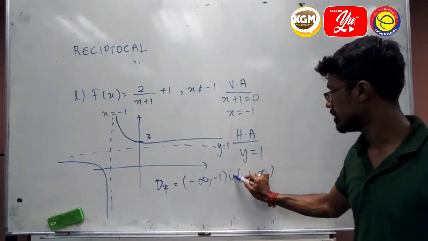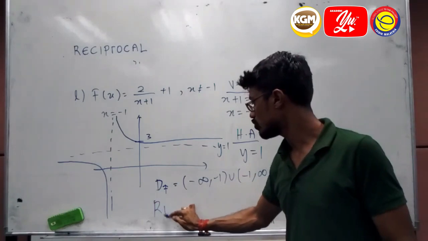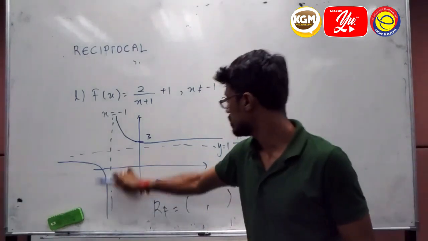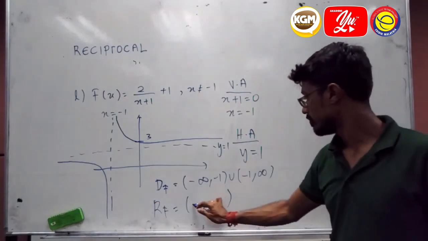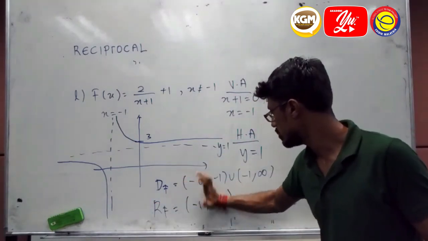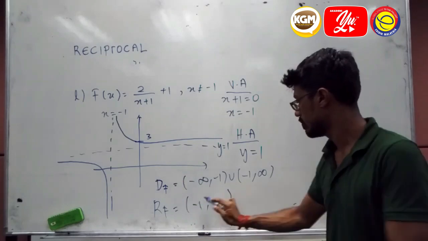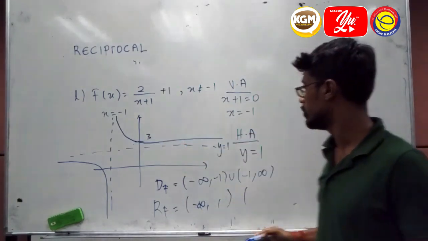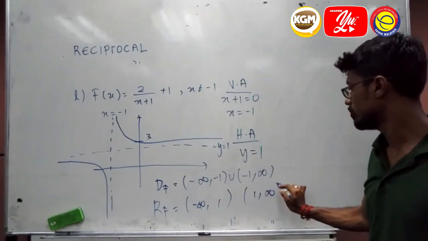So I just put a union there. Whereas for the range, okay, we are talking about negative infinity to 1. And for the second part of the function, it is going to be from 1 to positive infinity.